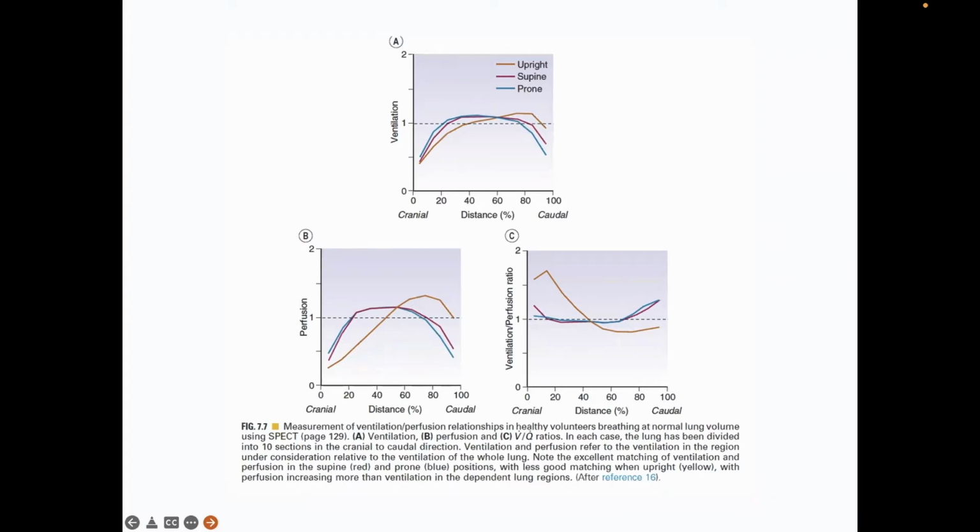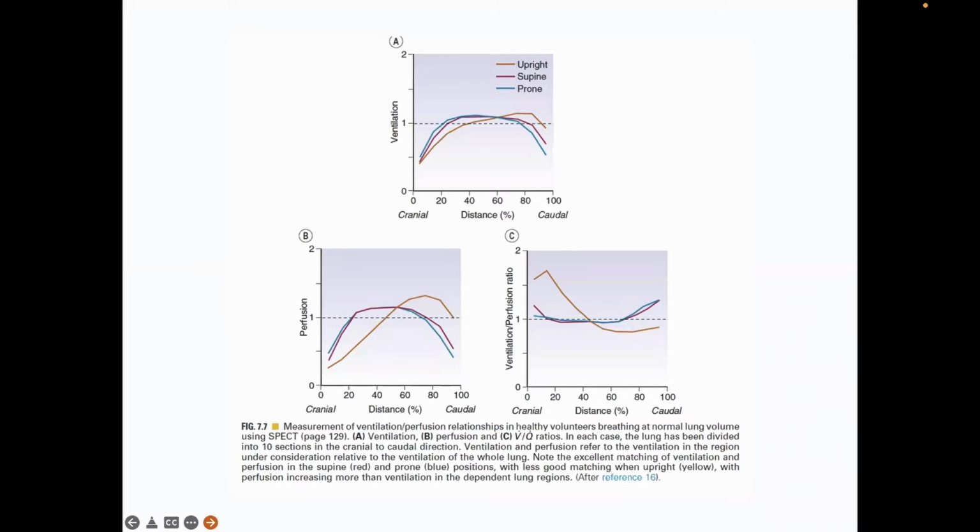And as you can see, the ventilation-perfusion relationship, if you plot it on the right lower graph C, you can see between prone and supine we can't detect huge differences, whereas when we look at the VQ mismatch in upright position, there's quite a remarkable difference between the upper aspects of the lung versus the caudal aspect of the lung.